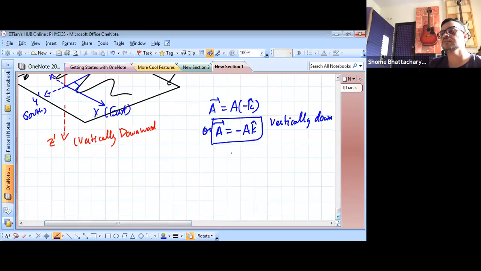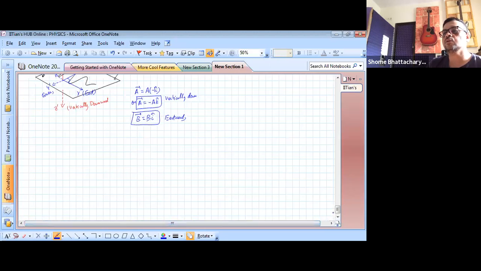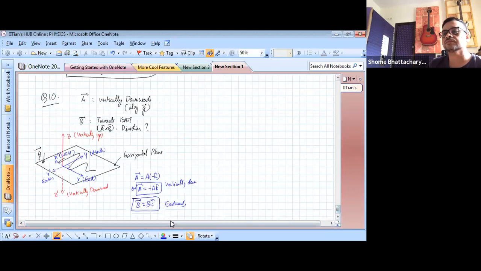Whereas vector B will be some magnitude into i cap, because it is eastwards. You can see in the diagram that vector B will point towards the east. So in my diagram it will point along my positive x-axis.